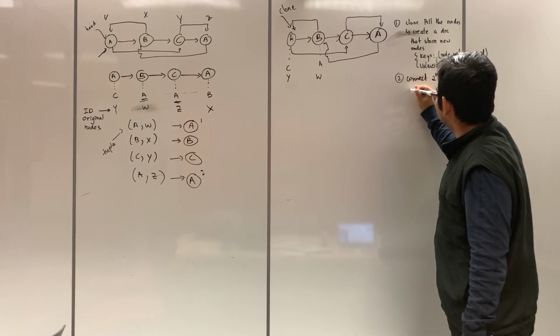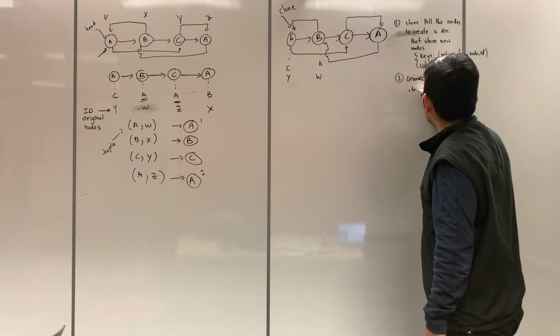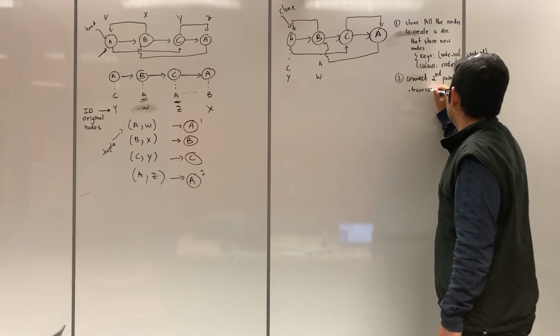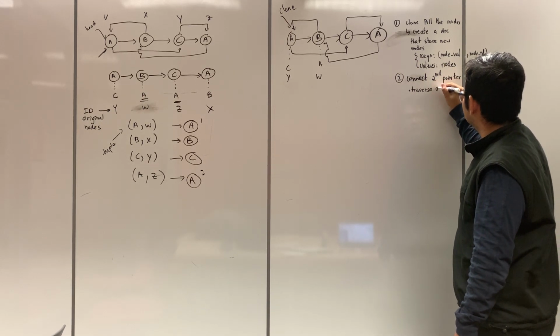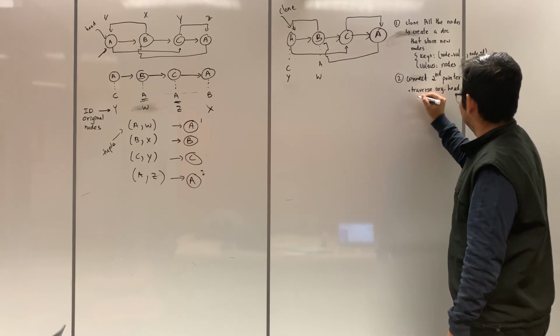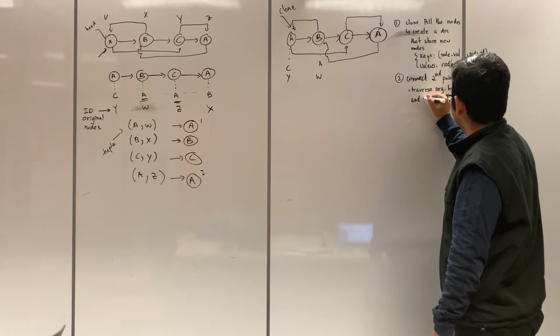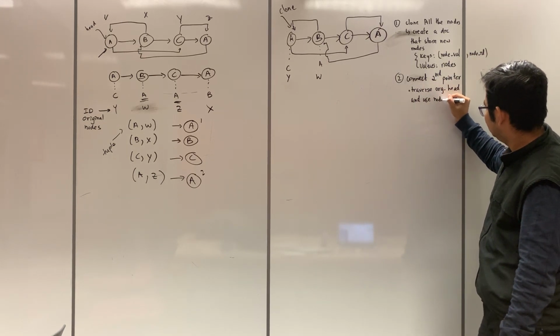We need to traverse the original head and use the node value.